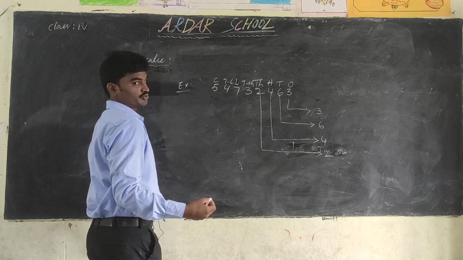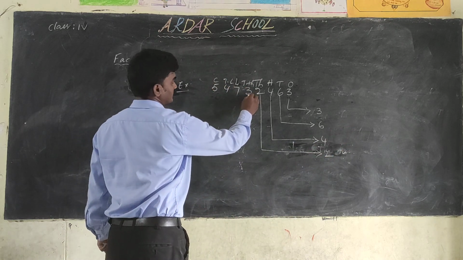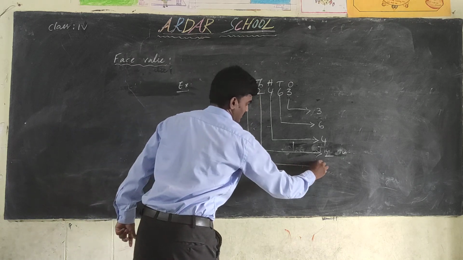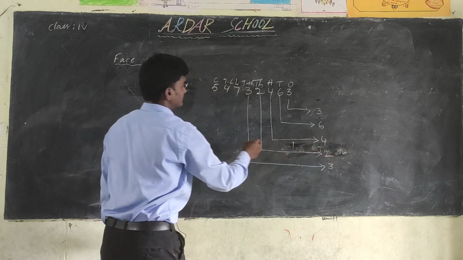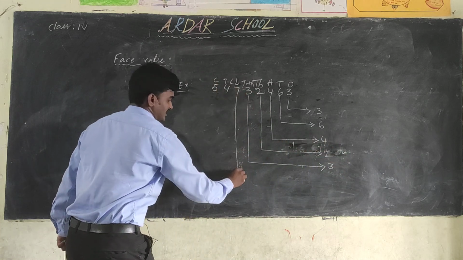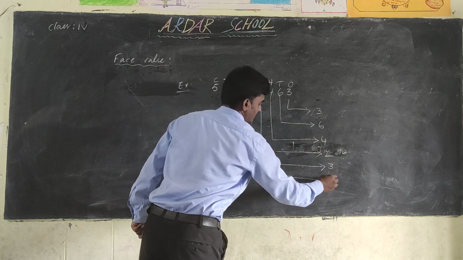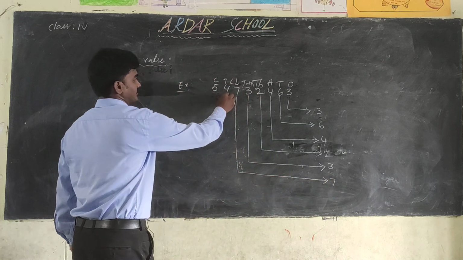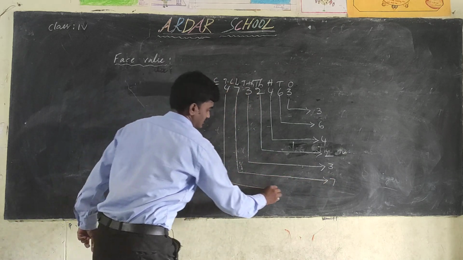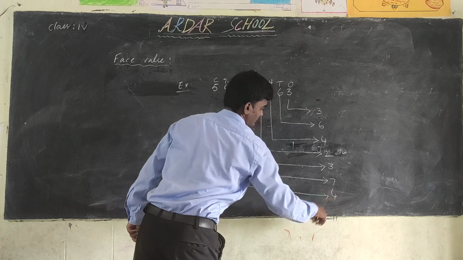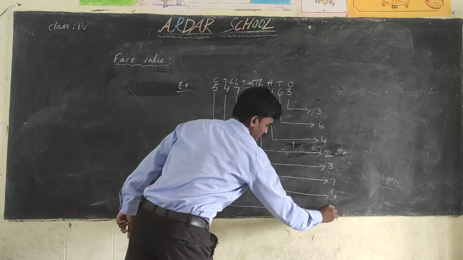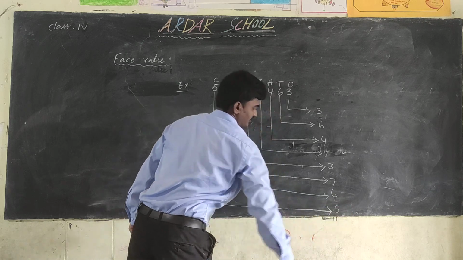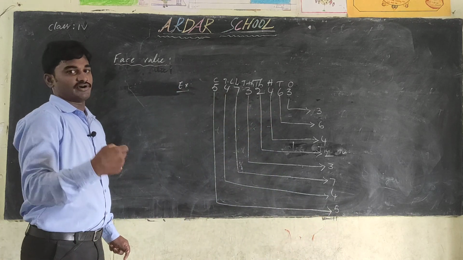The face value of 2 is 2. 3 is at 10,000s place. The face value of 3 is 3. 7 is at lakhs place. The face value of 7 is 7. 4 is at 10 lakhs place. The face value of 4 is 4. 5 is at crores place. The face value of 5 is 5.